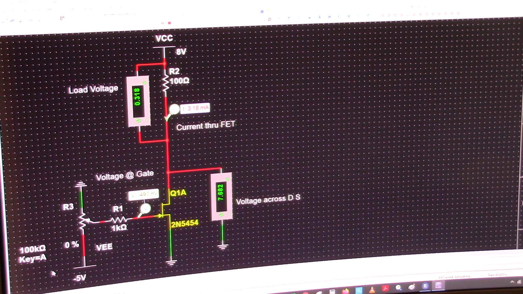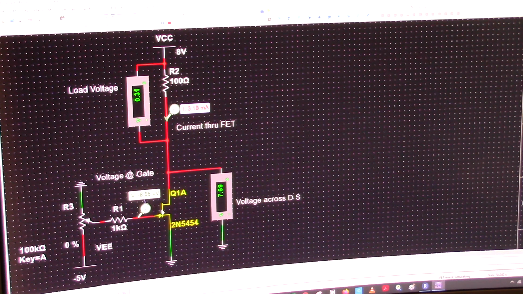So let me slowly increase the negative voltage. So you saw how the source current, the drain current went down.